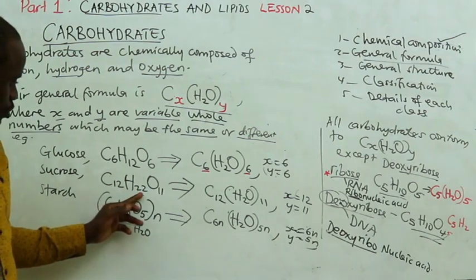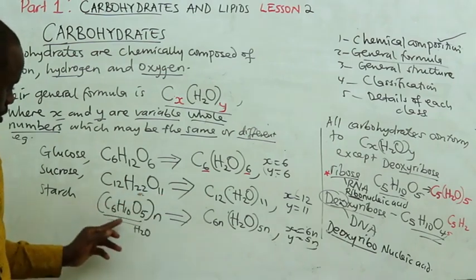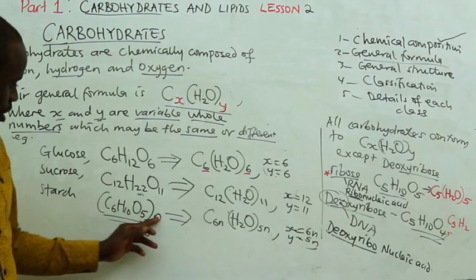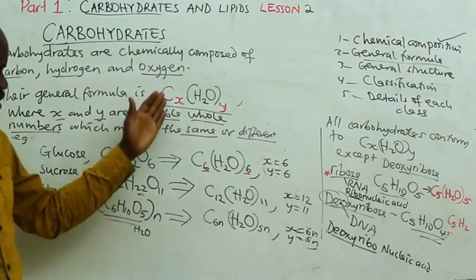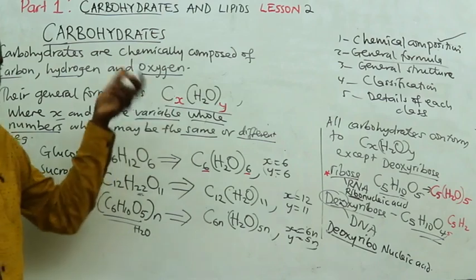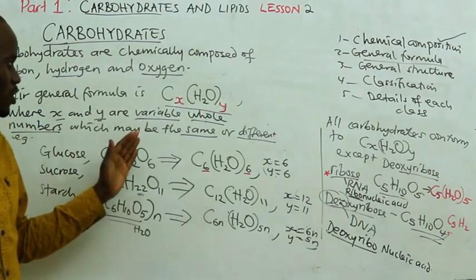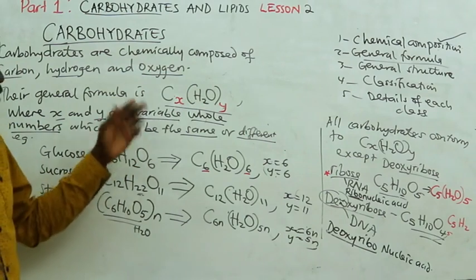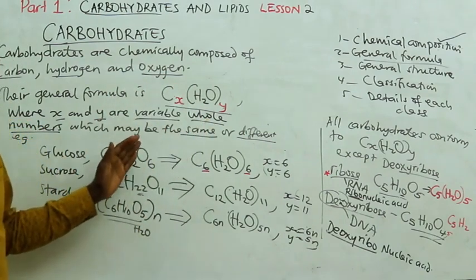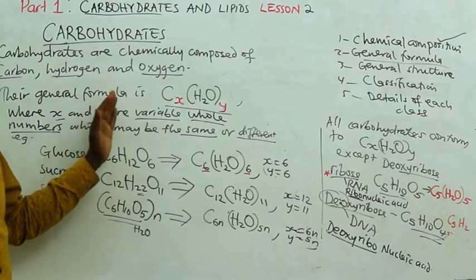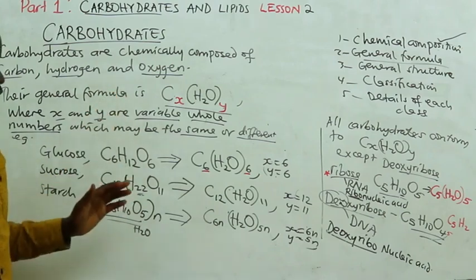This is 22, this is 11. This is 5n, 10n, 5n. So this general formula can only be conformed to by any compound in case it has the number of hydrogen atoms twice the number of oxygen atoms. So that's the unique feature of all carbohydrates.